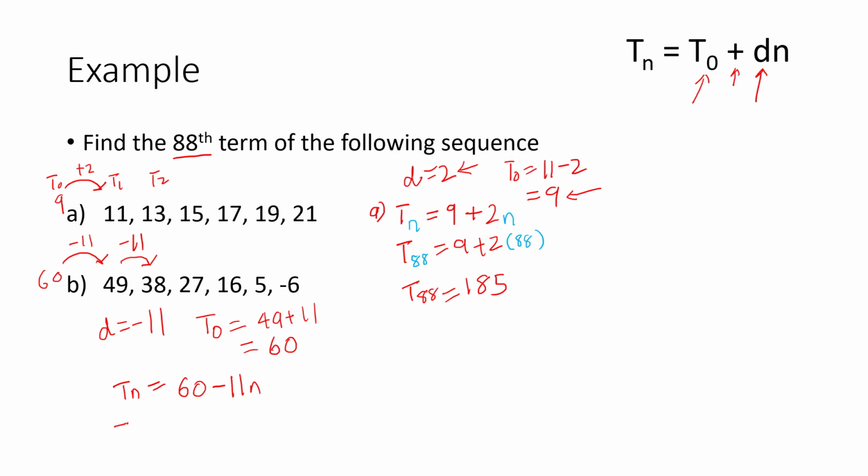After that, we substitute n with the value that they want us to find, which is 88. And we will have 60 minus 11 times 88. Take out your calculator: 60 minus 11 times 88, and my answer will be negative 908. So this will be the answer.